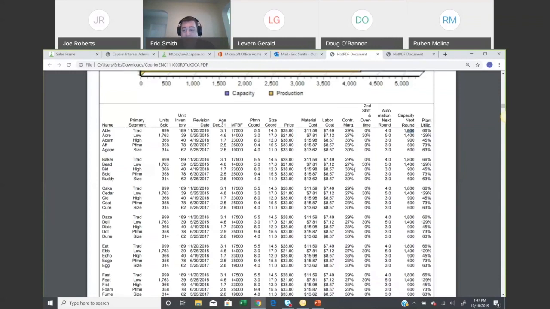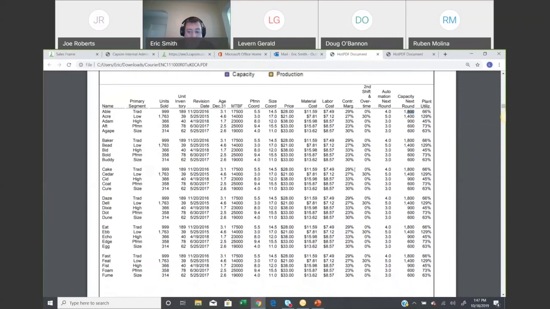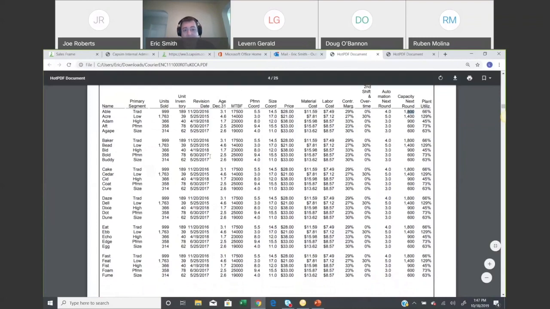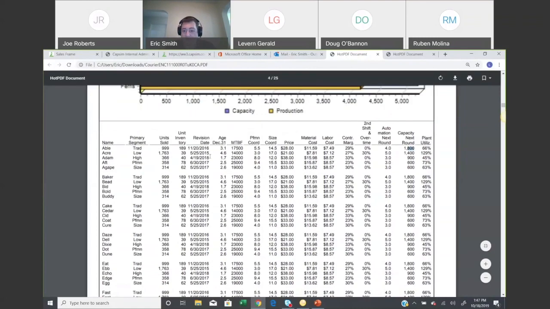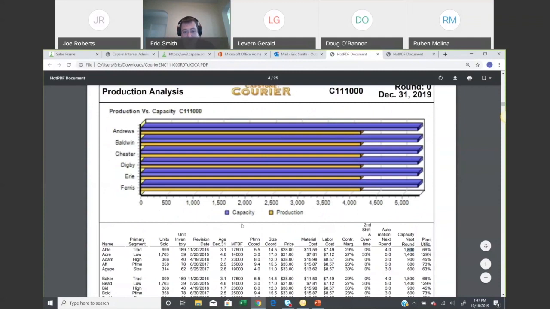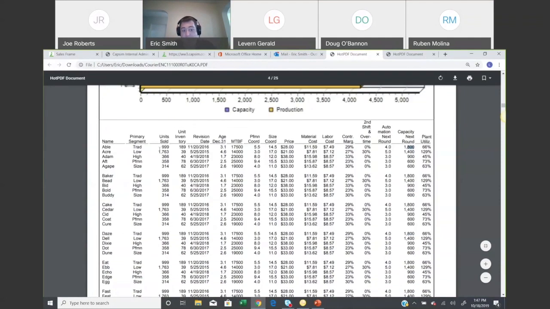But when we're introducing the sim, we just want to tell them what's on this report. So in the production analysis, we can see how well we're utilizing our assets as a company. We can see what we sold last year, how much inventory we had left, your current automation and capacity levels, your variable costs, right? We see how much we sold our product for.